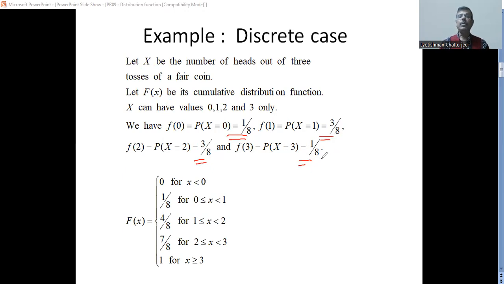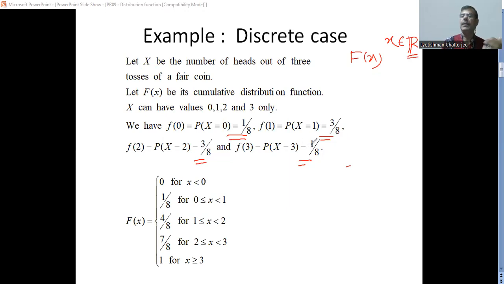Now let's find the cumulative distribution function of capital X. What it means is we need to compute F(x) for all possible values of small x, that is for any x belonging to R. There are infinitely many values in the set R, but we just need to find the pattern.